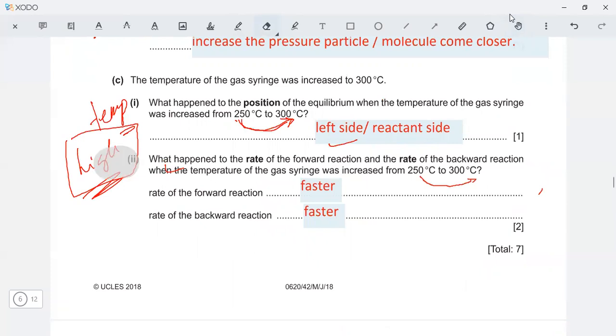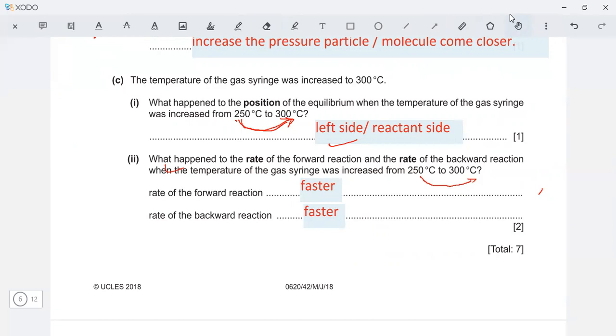What is the second one? What happened to the rate of the forward reaction and the rate of the backward reaction when the temperature of the gas syringe was increased from 250 to 300 degrees centigrade? Always remember, the pressure was increased before, so the collision rate has increased.